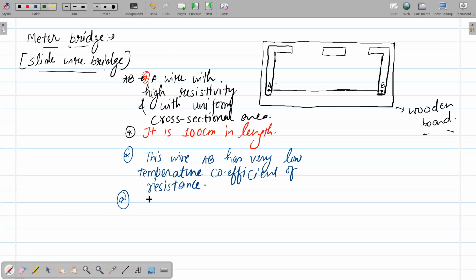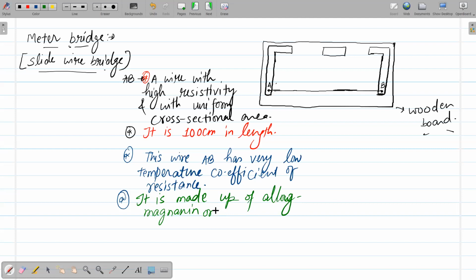And let me tell you one more thing, students. This is made up of some kind of alloy, which is known as manganin. You are not supposed to remember its composition, but obviously manganese and tin type of elements are used.